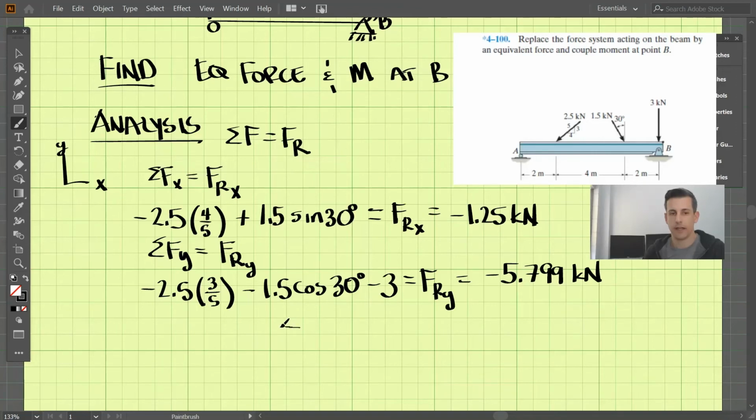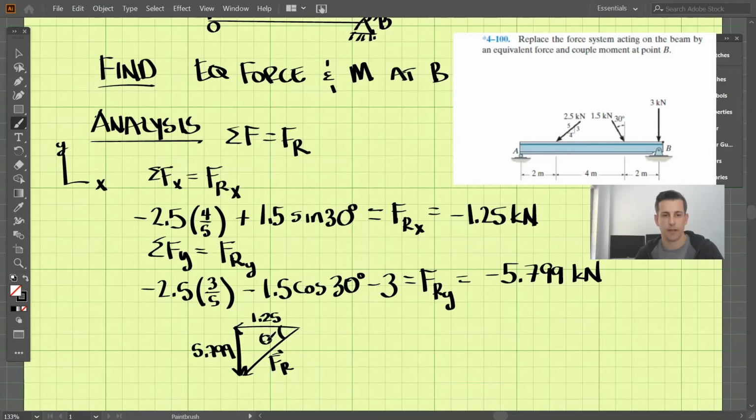To figure out the resultant force now, these are components. In the x direction we have 1.25 kilonewtons this direction, and downward we have 5.799. Our resultant vector, FR, is going to be in this direction, so we can call this angle theta here.